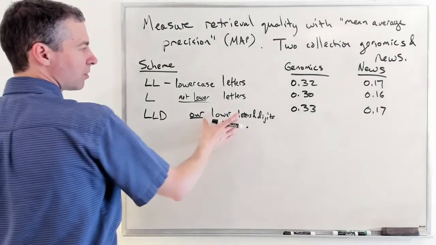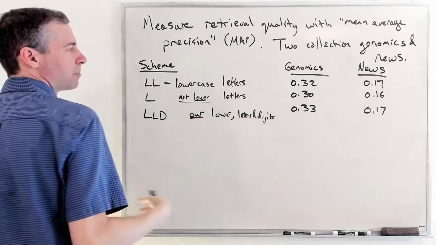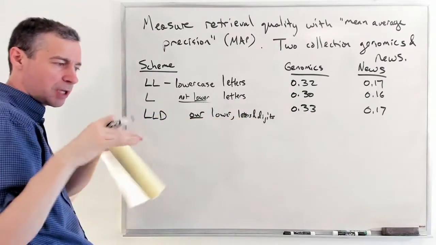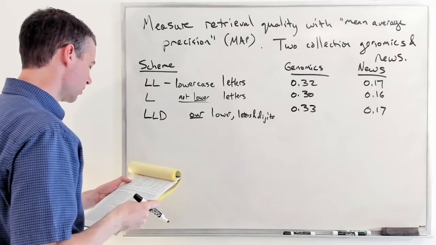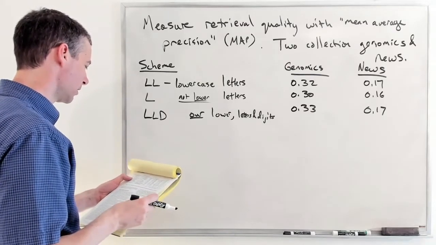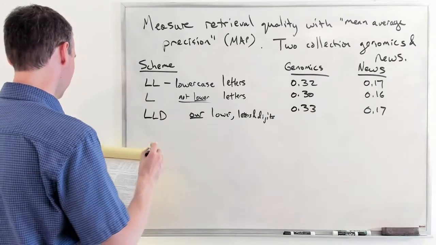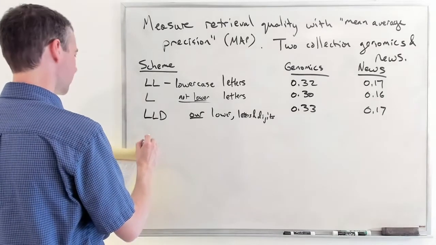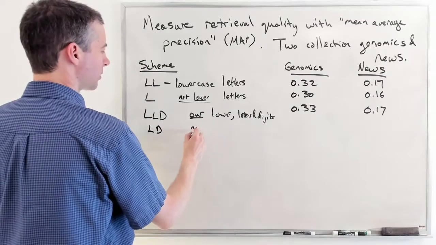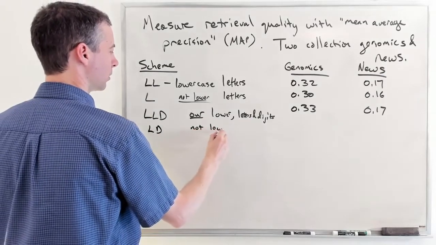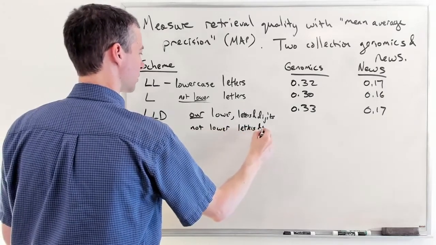You can start to see why it might be good for genomics, because people are typing in fancy things with letters and numbers. They have examples here, and you can take a look at them in the table in the paper. Their next scheme is, again, the same but not lowercased, so letters and digits.